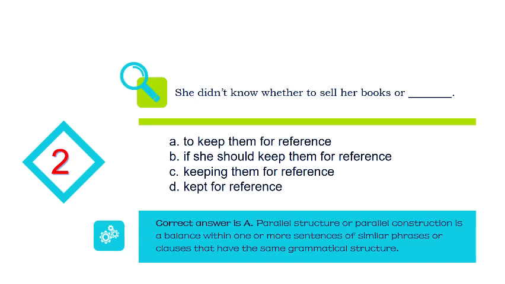And looking into the option, there is only one option that is parallel to sell her books. And definitely, that is option letter A, to keep them for reference. Therefore, our answer here is she did not know whether to sell her books or to keep them for reference.